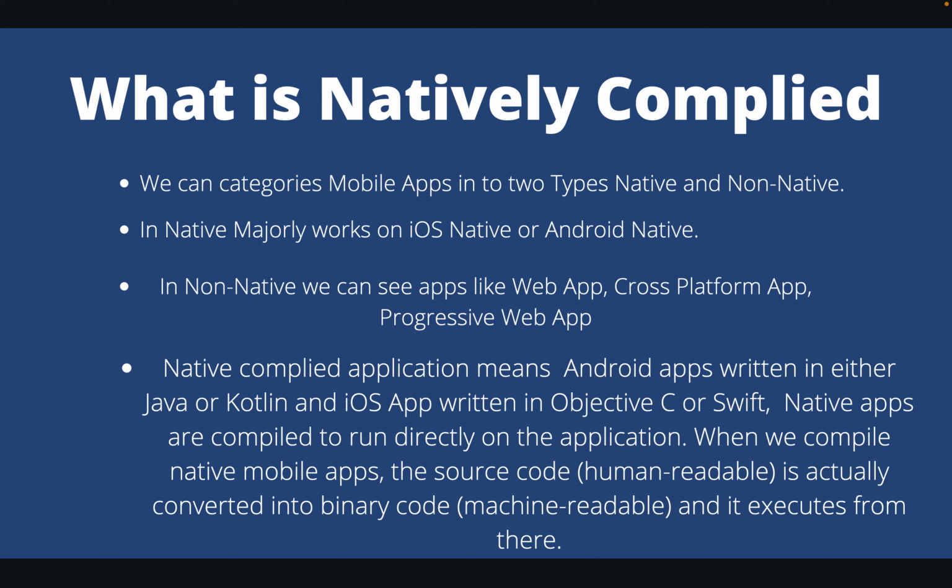When we compile mobile apps, the source code, what we have written in the application, that is human readable, is actually converted into binary code, that is machine readable, and executes from there itself. That is a natively compiled application. Whatever the structure or operating system is there, from there the application is compiled.